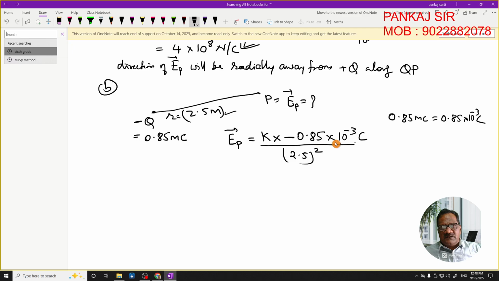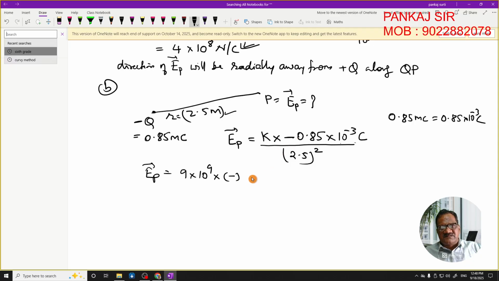So EP will be equal to K value, you can take very nicely as 9 into 10 raised to 9, because the medium is vacuum, multiplied by negative, this is the type of the charge, it's a negative charge, so this is 0.85.